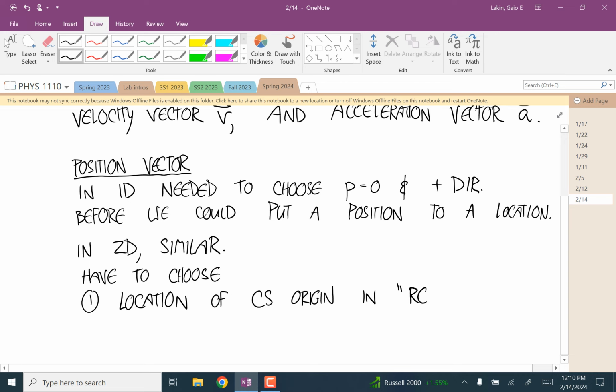So again, imagine putting down a piece of tape or something to indicate where the origin of the coordinate system is.